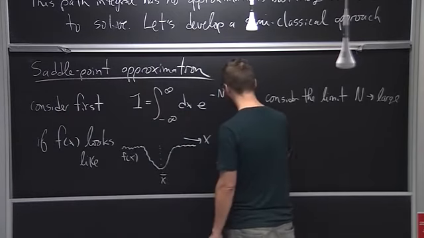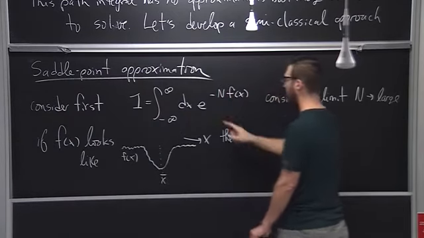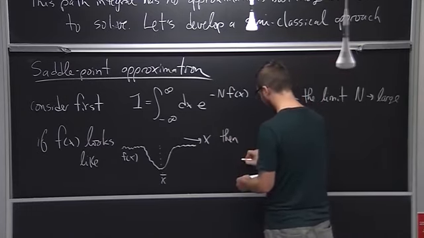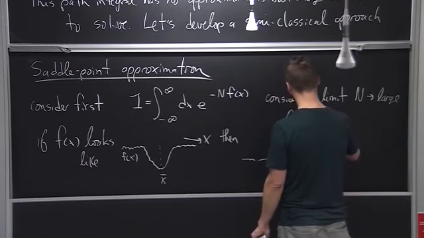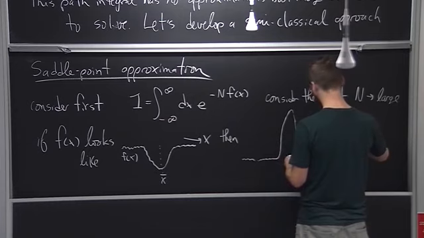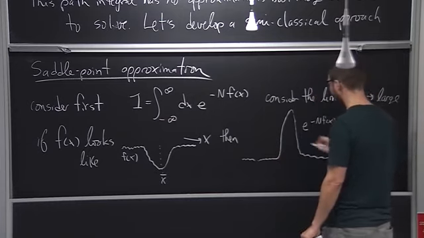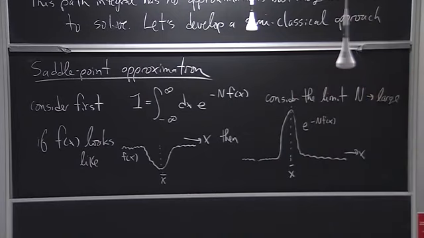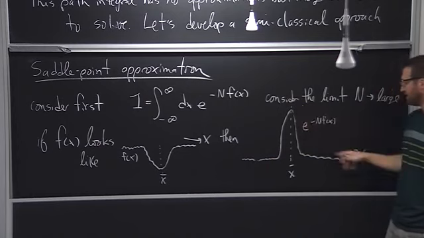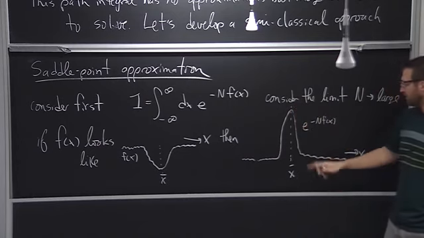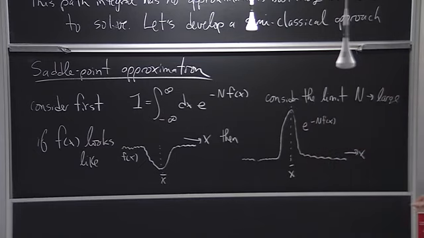Then e to the minus n f of x will look like something like this. It'll be peaked around that same value of x bar. And when you integrate over all x, then the biggest contribution of that integral will occur near that peak, near that maximum value of the function.